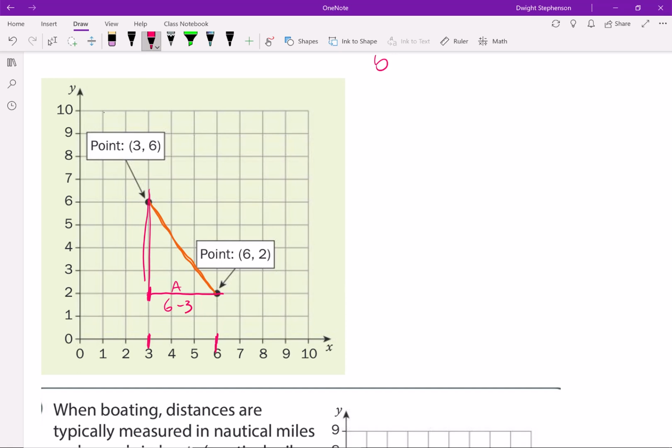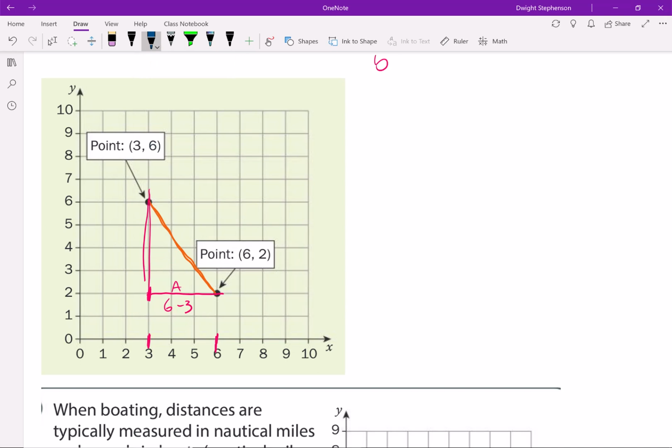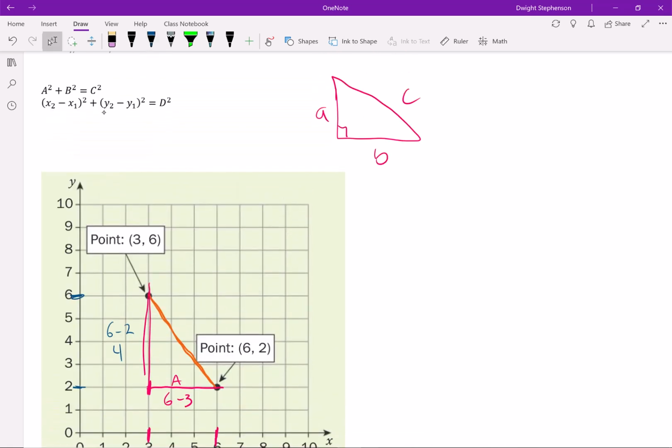And this y side would be determined by subtracting the y coordinates. You can see the y coordinates are 6 and 2, so this is going to be 6 minus 2, which is 4, right? And so putting this into the formula, basically we're just getting 6 minus 3 squared plus, subtracting the y coordinates, 2 minus 6 squared, and that should give me my distance squared.